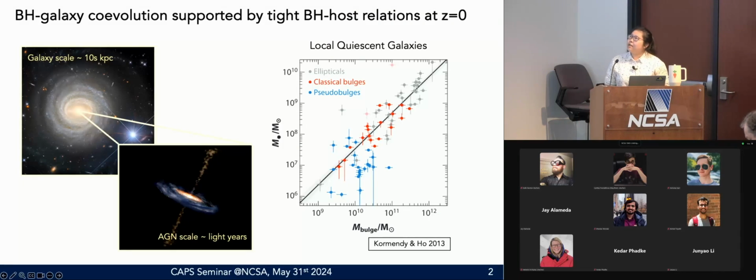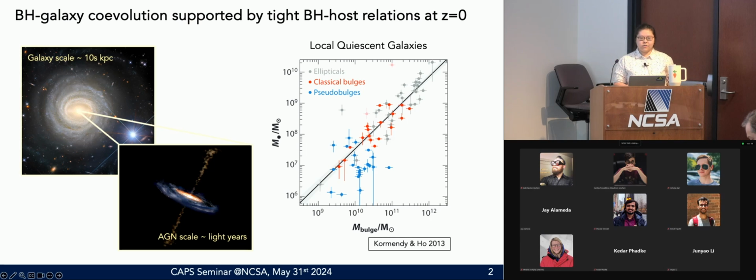Yeah. So in the local universe, we see this very tight relation between the properties of the galaxy bulge and also the center black hole. So from the early 2000s-ish, people discovered black hole mass is correlated to, say, the bulge mass of the galaxy, or the luminosity of the bulge, or the velocity dispersion. And so this very tight correlation leads to the foundation of AGN feedback and galaxy black hole coevolution.